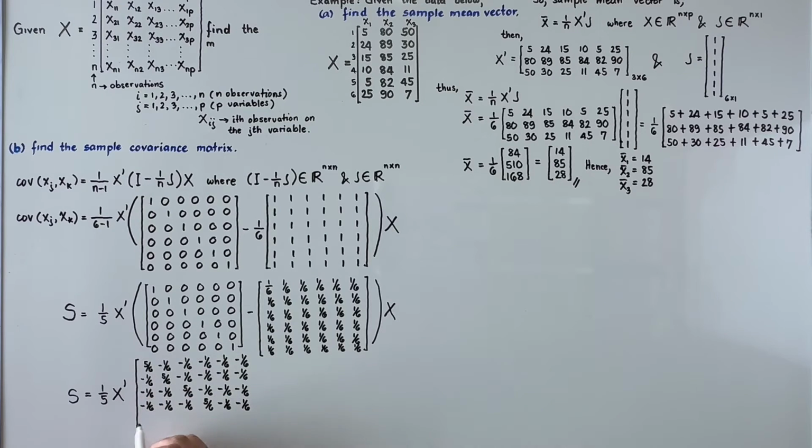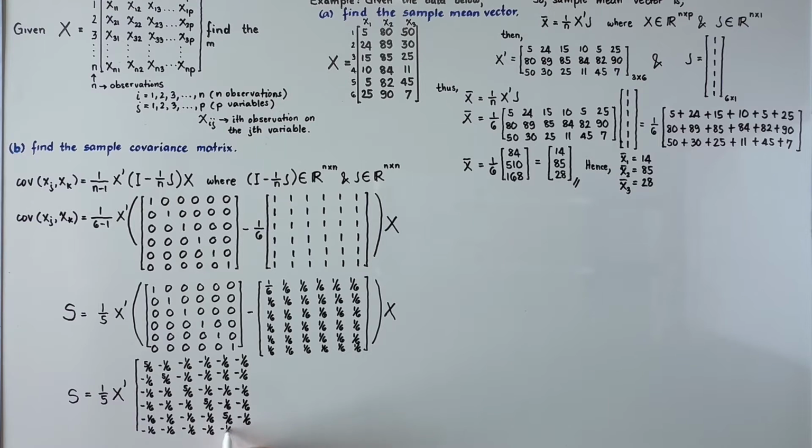Also, we have here negative 1/6, negative 1/6, negative 1/6, negative 1/6, but this is positive 5/6, and the last one is negative 1/6. And then for the last row, we have negative 1/6, negative 1/6, negative 1/6, negative 1/6.